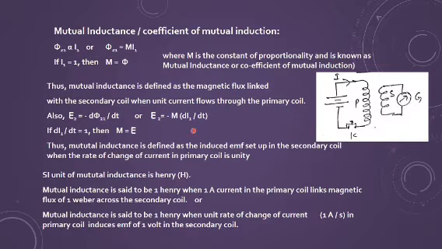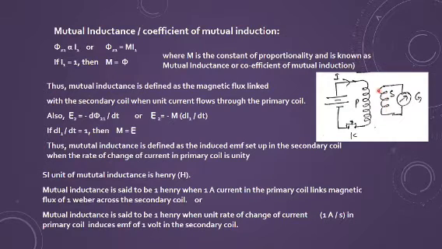So we want to get the expression for the coefficient of mutual induction, or mutual inductance. If I make the current pass through the primary coil, or the first coil, then magnetic flux keeps changing in the secondary coil.